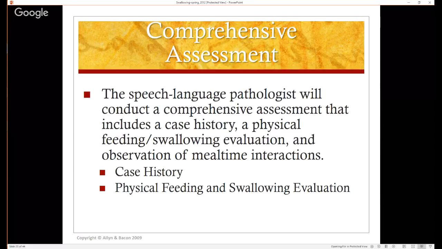And looking at a physical feeding and swallowing evaluation. After a case history is taken, the SLP is going to complete an evaluation of the structures and functions of the child's oral motor mechanism.